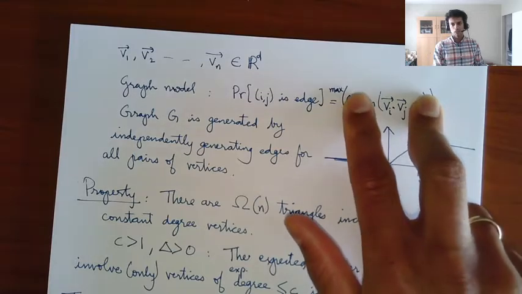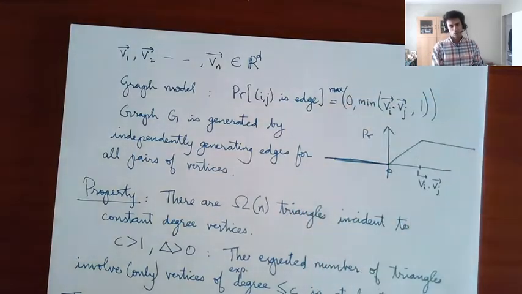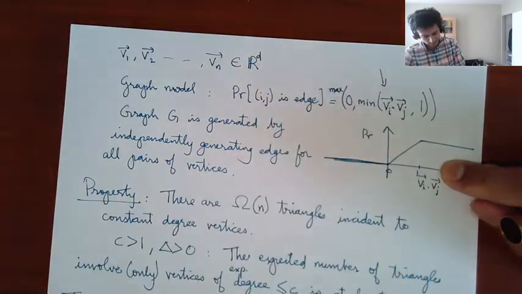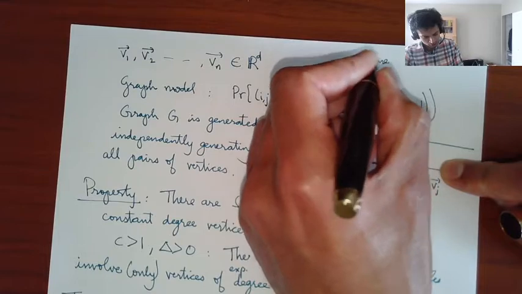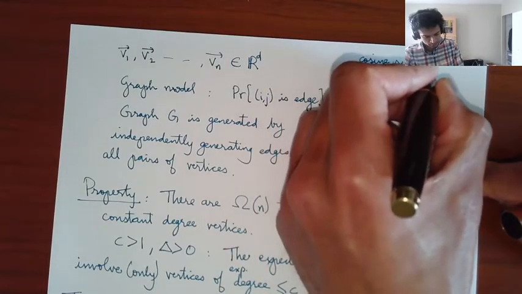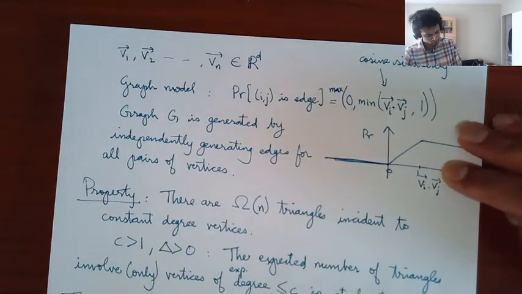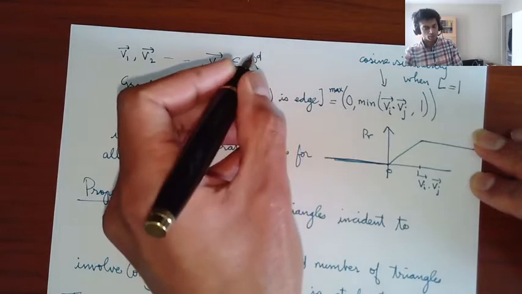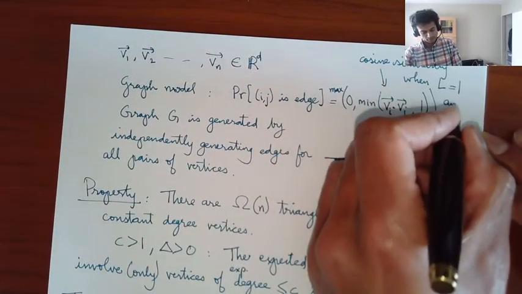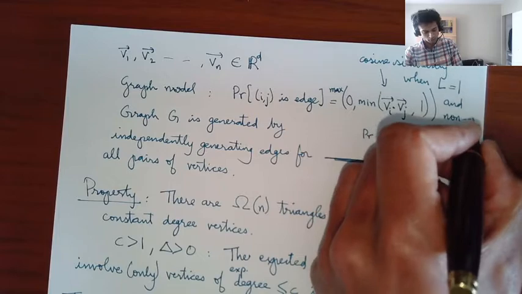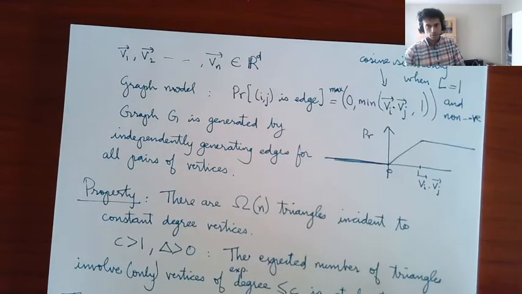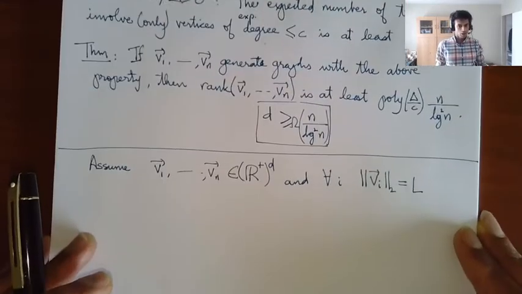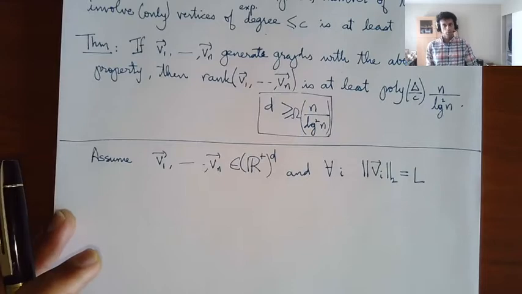This is exactly the cosine similarity, a very reasonable model that people would study.